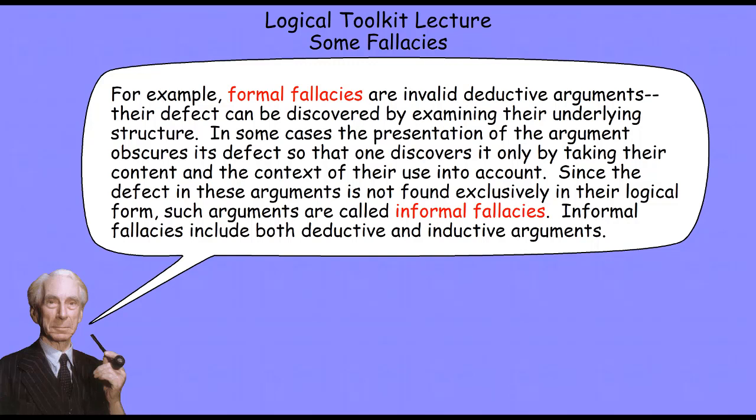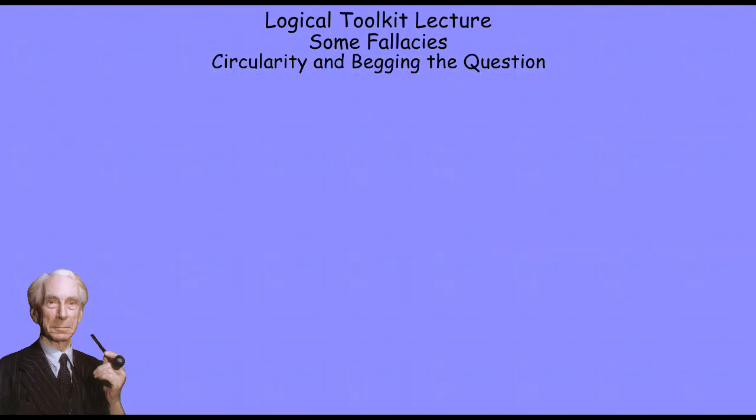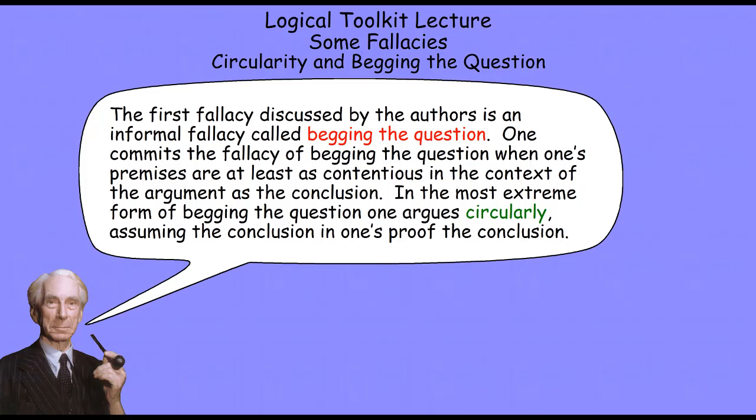Now, informal fallacies could include both deductive and inductive arguments, but as we've seen before in this chapter, Perry and his co-authors focus on deductive fallacies. The first fallacy they look at is called the fallacy of begging the question.